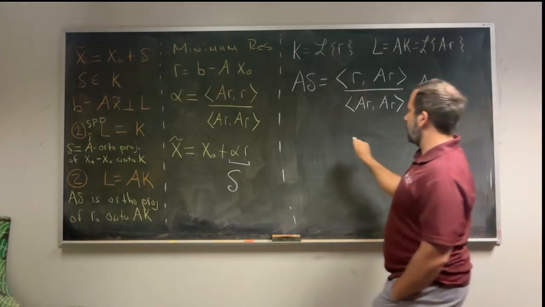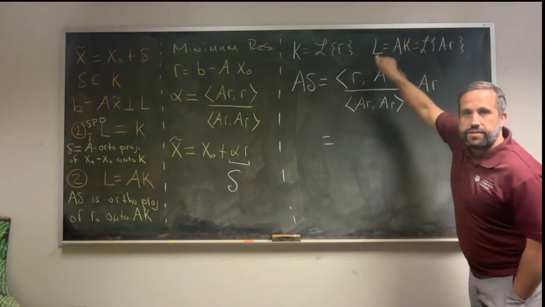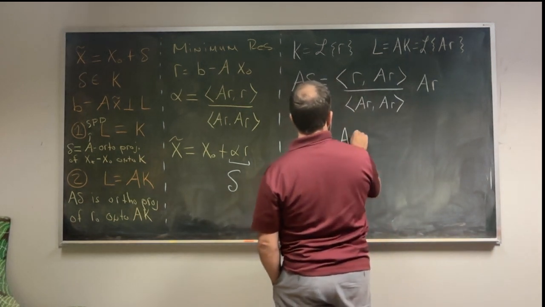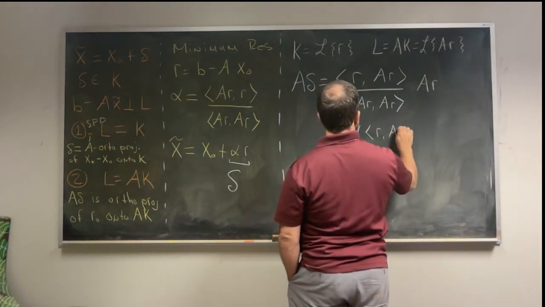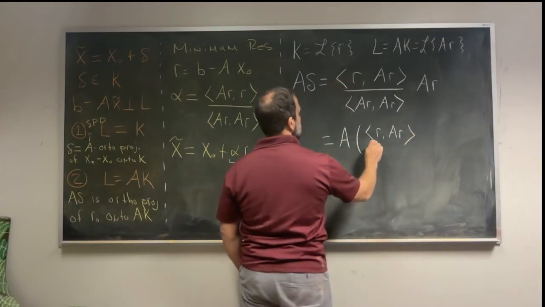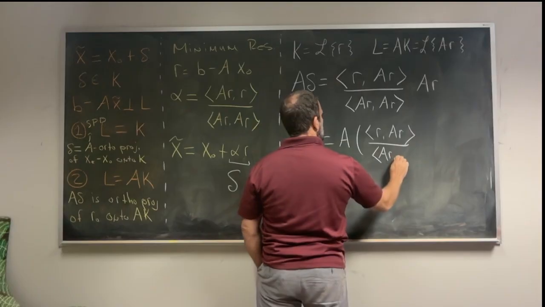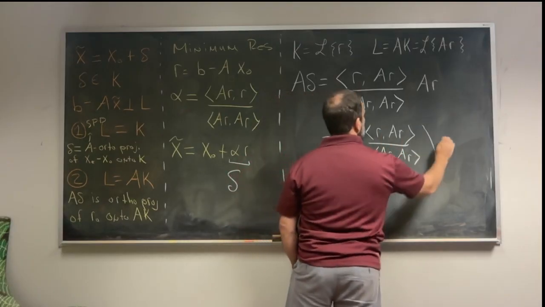But now notice what can happen. This is just a scalar, so I can move the A here, and this is equal to A times R minus R AR over AR, and now we're doing this with R.